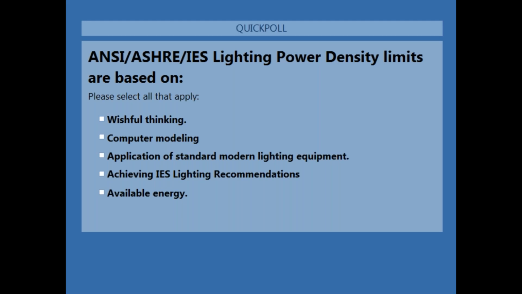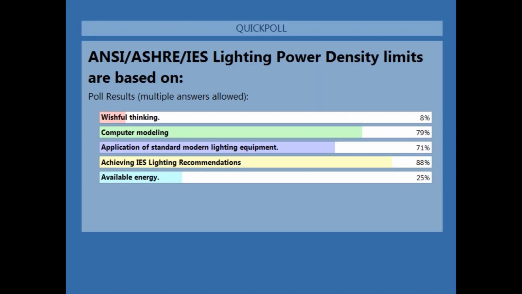We got a few people, 8%, calling out they're based on wishful thinking, but for these LPD power limits, 79% call out computer modeling, 71% call out application of standard modern lighting equipment, 88%, the majority vote, call out achieving the IES lighting recommendations, and 25% of the people selected available energy.